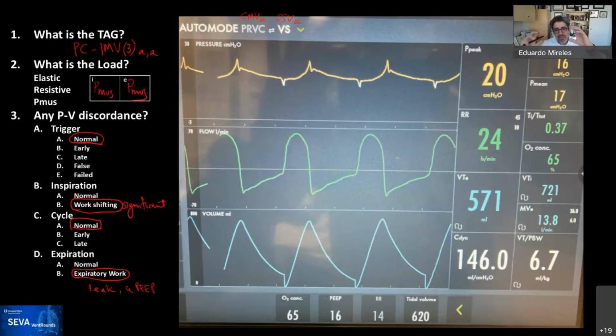So you want to maintain that minute ventilation, and so both of them will coexist to achieve that goal. If you can achieve it with just spontaneous breath, there will be no mandatory. In this case, it's a type 2, which means that the ventilator suppresses the mandatory breaths whenever it feels a spontaneous breath.